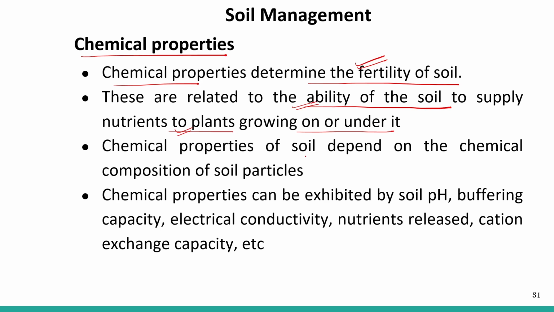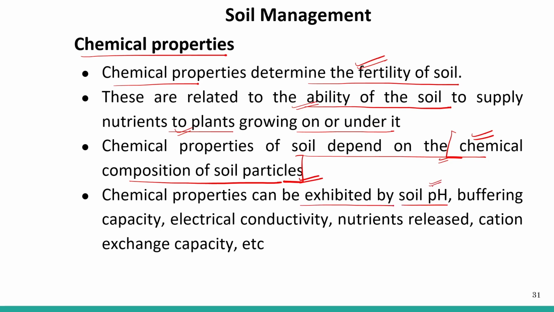And the chemical properties of the soil depend on the chemical composition of the soil particles, what type of minerals are present in the soil. So the chemical properties can be exhibited by soil pH.